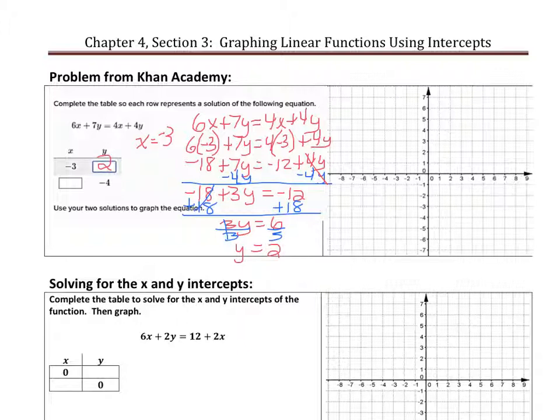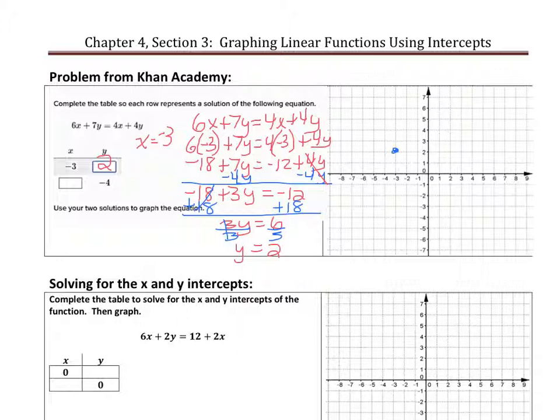I'm going to do the exact same process now when y equals -4. By the way, I can go ahead and graph this pair here, -3, 2. I'm going to go left 3 and up 2 to graph that point, and that would be right here. And then we're going to do the same process.